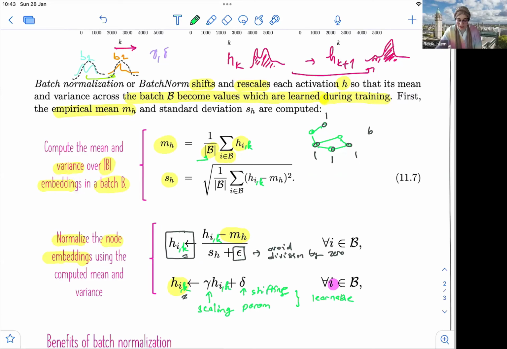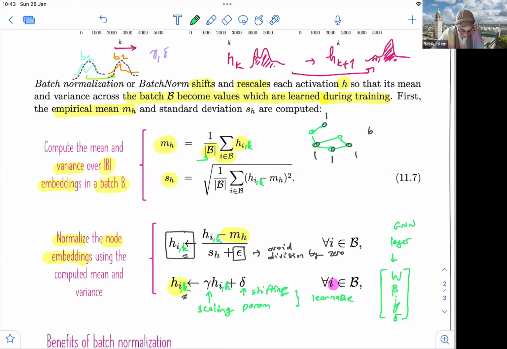Just like we have our W and our beta, the biases, we add these two scalars, the gamma and the delta, to our parameters to co-optimize for our network for this particular GNN layer that includes a batch normalization.